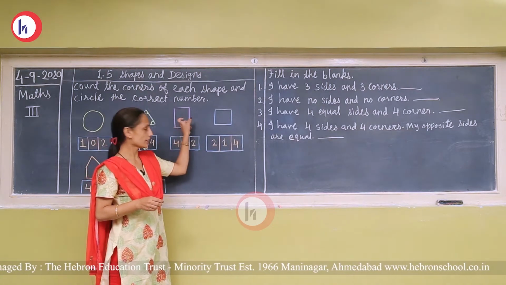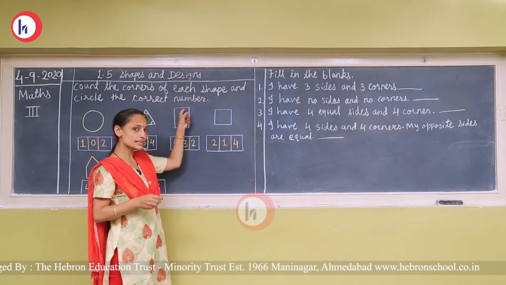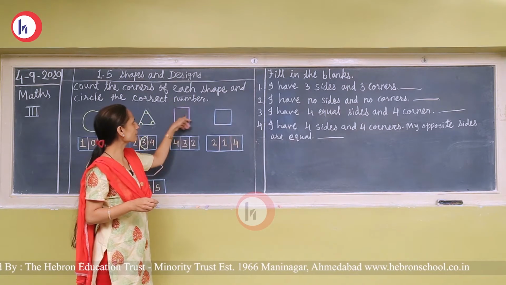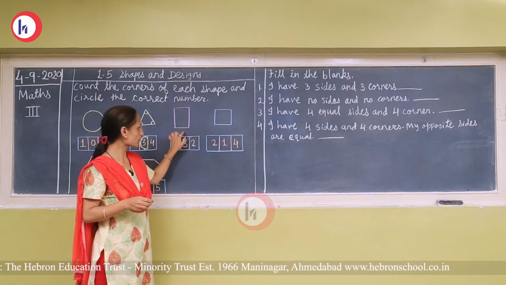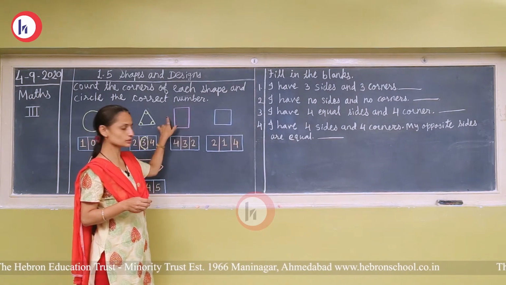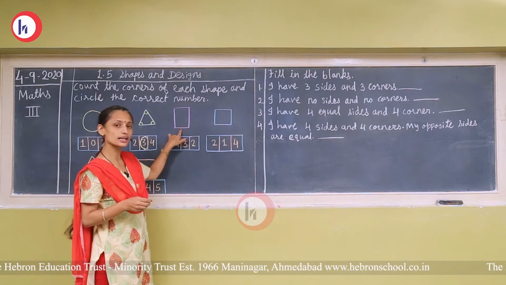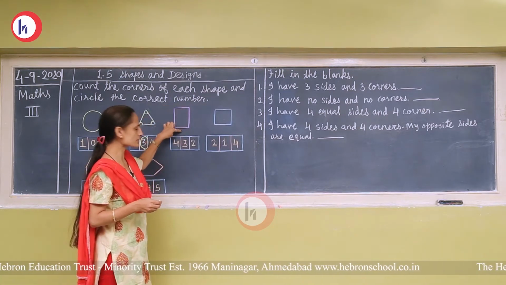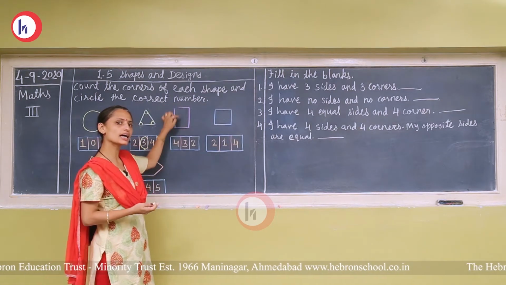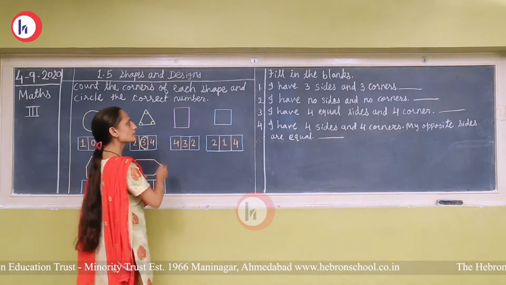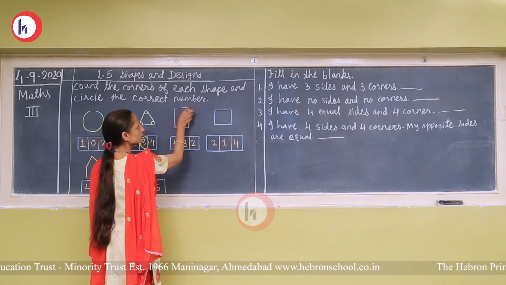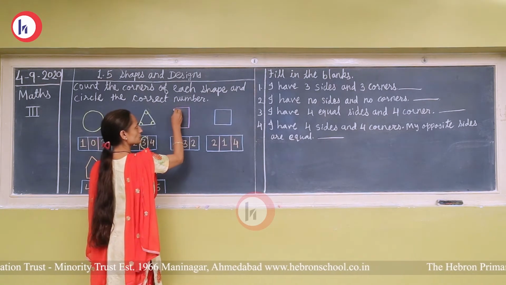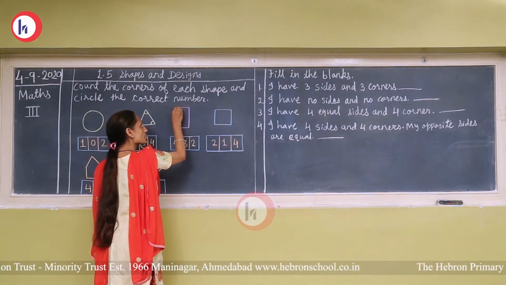You all know a rectangle has 4 sides and opposite sides are equal. See here, these both lines are equal and these both lines are equal. These are the opposite sides of each other and they are the same. Now we will find the corners. See here, 1 line, 2 line, so here it forms a corner.